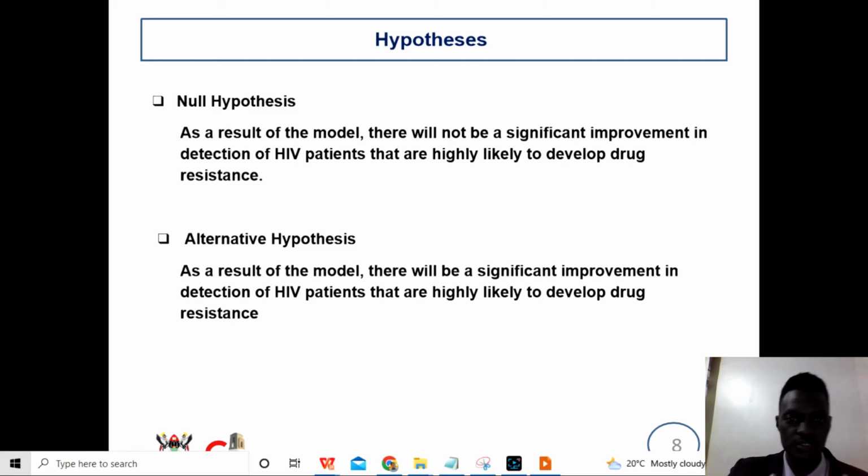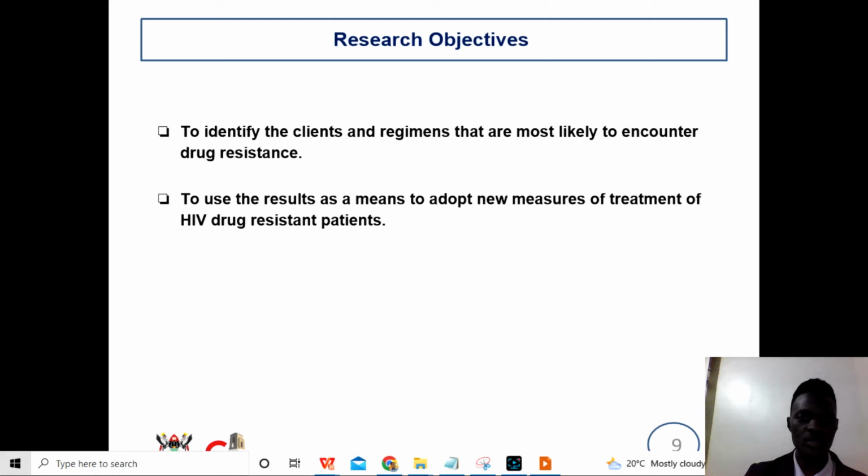So, from the hypothesis, we need to know whether the result of the model is negative or positive. To do that, we shall need research objectives, and one of them is to identify the clients and regimens that are most likely to encounter drug resistance.